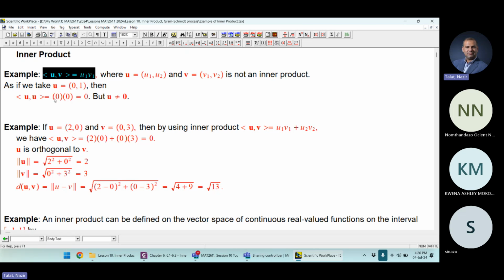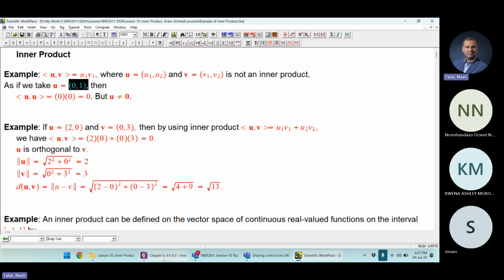If we have a vector u equal to (0, 1), then what happens? The inner product of u with itself becomes only the product of the first entries, because the product is defined in this way. So remember, it will always take 0 multiplied by 0, which is equal to 0. But the vector u is not a zero vector.